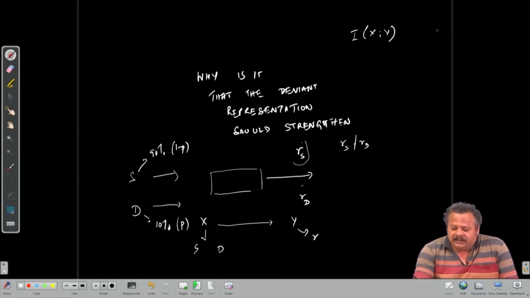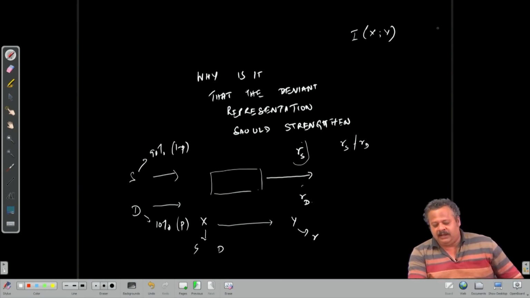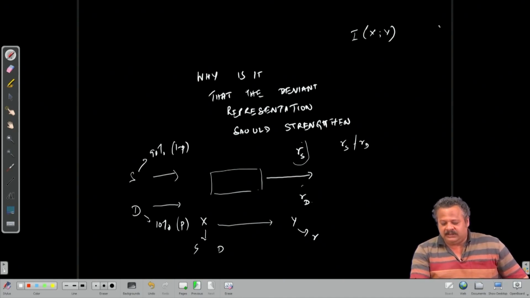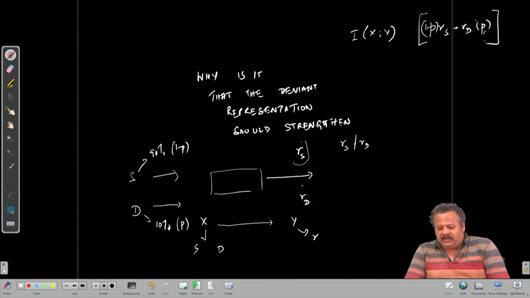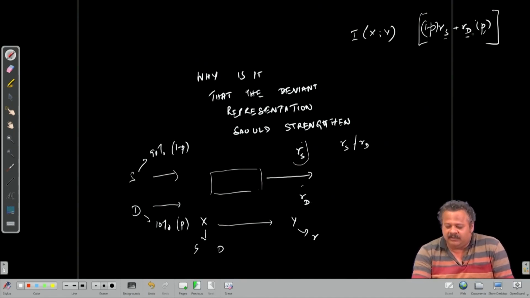And there is a total amount of spiking activity, that is RS plus RD in a weighted manner, that is P times RD and 1 minus P times RS. This is the total rate, where RS and RD are the mean rates in response to S and D during development. So these are variable.